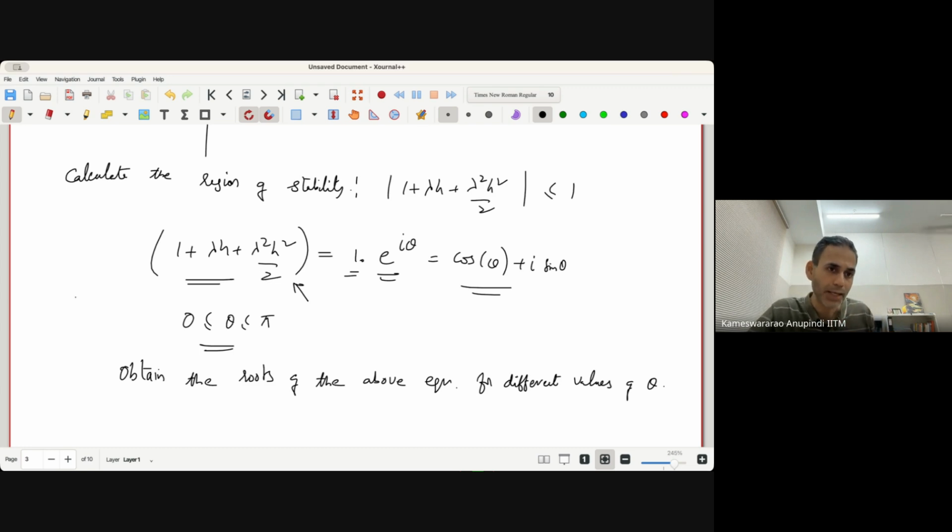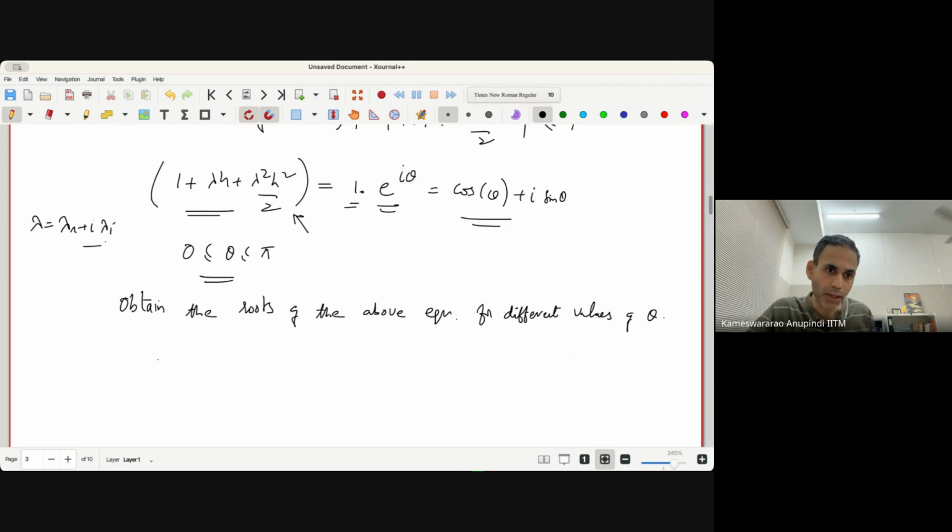But then again, we realize that lambda is in general complex, so this is lambda r plus I lambda I. That means we need the root finding routine to be able to handle complex polynomials. Okay, that's what we want to know.